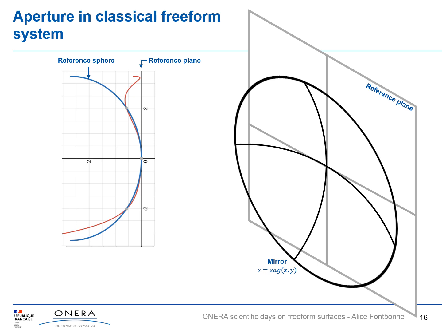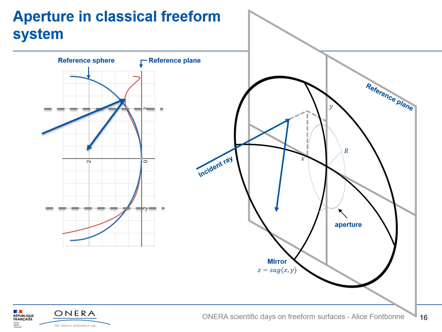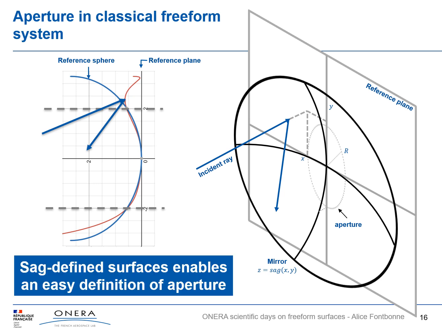And with this reference plane, you can quite easily define an aperture and know if an incident ray goes through the aperture or not. So sag-defined surfaces enable an easy definition of aperture.